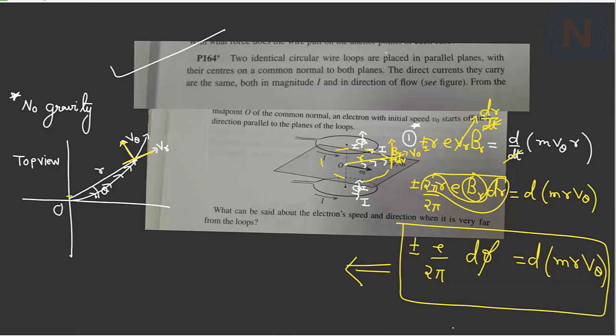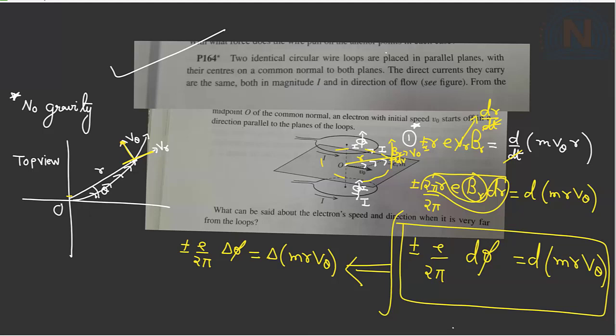So try to understand one thing. If you integrate this equation, take integral both sides, what we are getting is plus minus E upon 2 pi, the total flux delta phi term, plus minus is still there, is a delta of m into r into v theta.